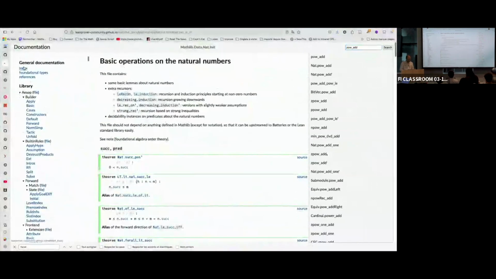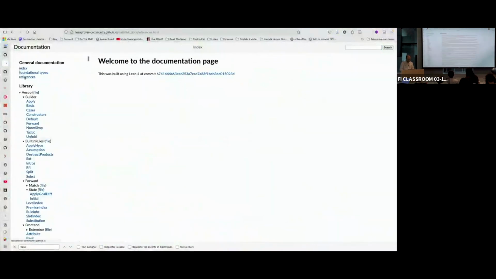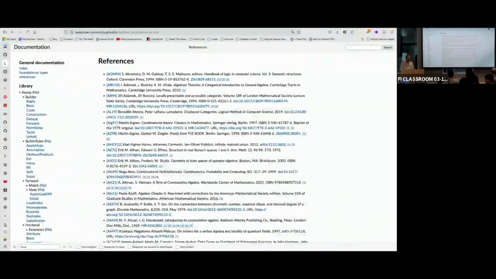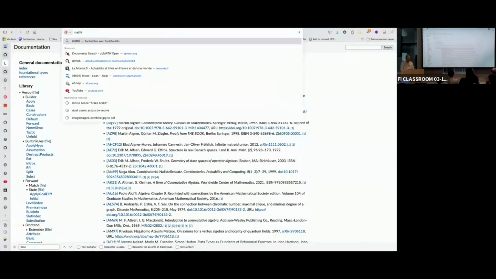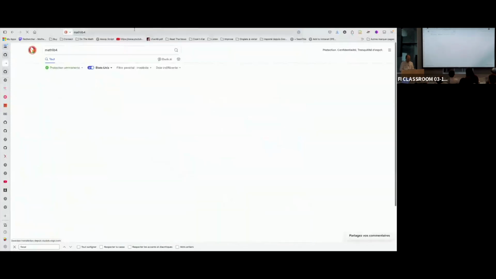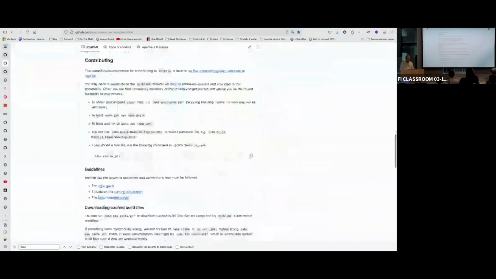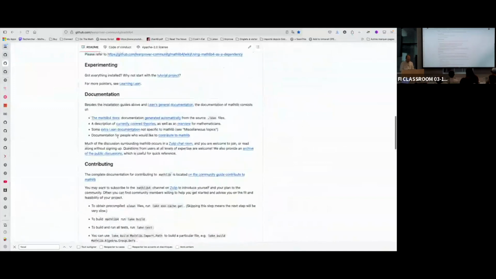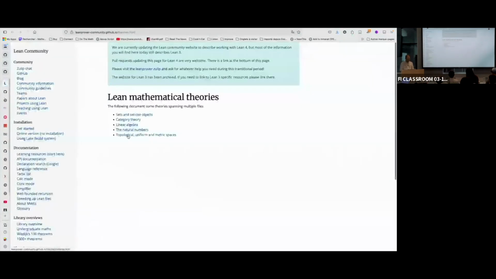Where is the index? Maybe? No. Where is the documentation that says what theories are currently covered?